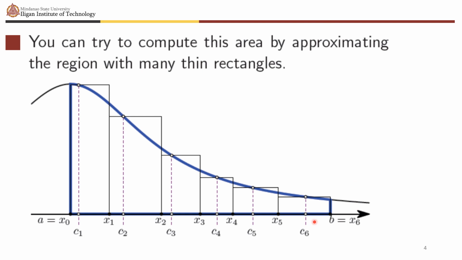And so on, up to this one, if we represent this as your x of 5, and this is your x of 6, then the area of this one is f of c sub 6 times delta of x sub 6.